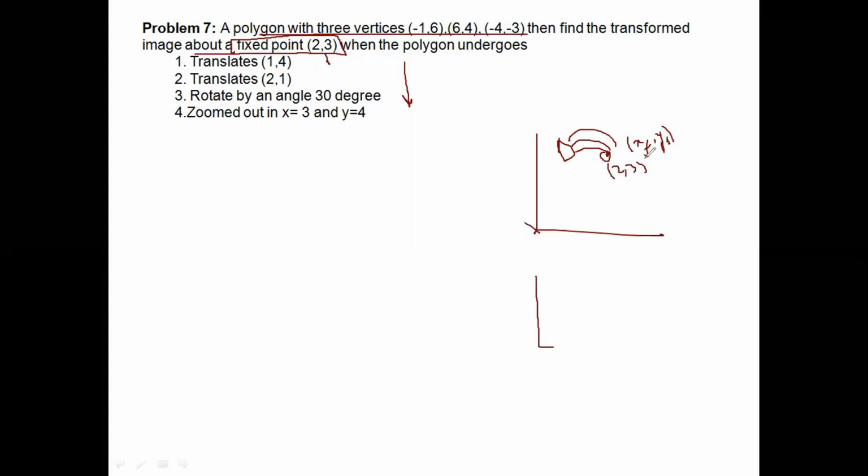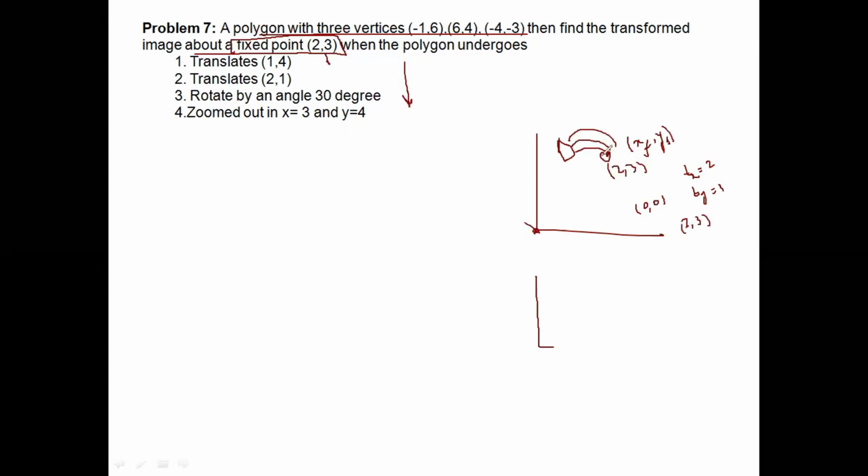Let's say this is the origin and this origin is translated to this point. If the origin is 0 0, and it is translated by, let's say, tx equal to 2 and ty equal to 3, what will be the new translation values? The new point will be 2 comma 3, which means the origin is now here.